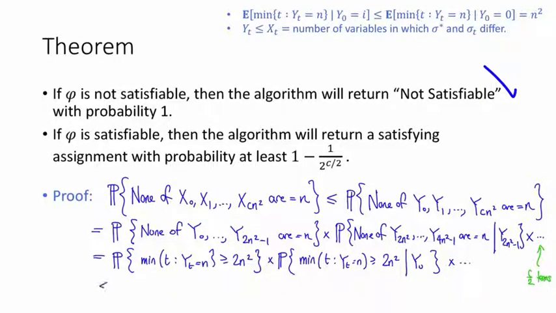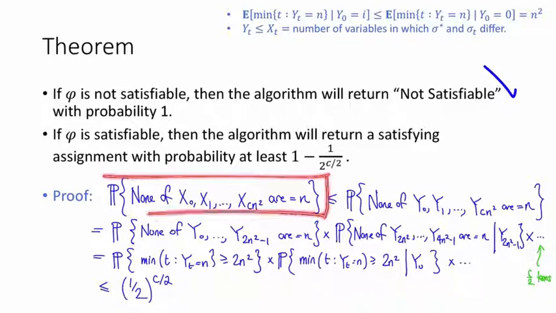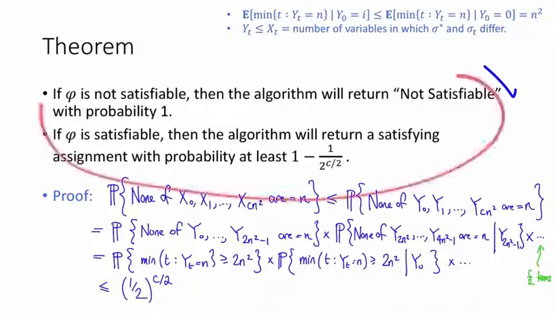So this is going to be less than or equal to 1/2 to the c over 2. And that's exactly what we claimed here. Because again, this here is the same as the probability that the algorithm fails to return a satisfying assignment after cn squared steps. So that's it. That wraps up the proof of this theorem.